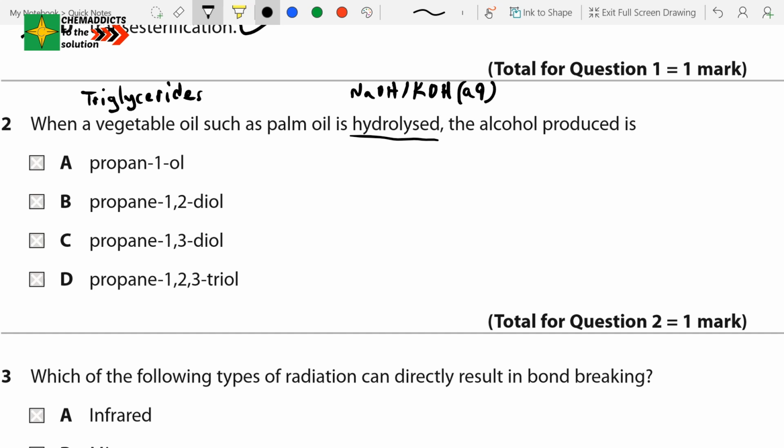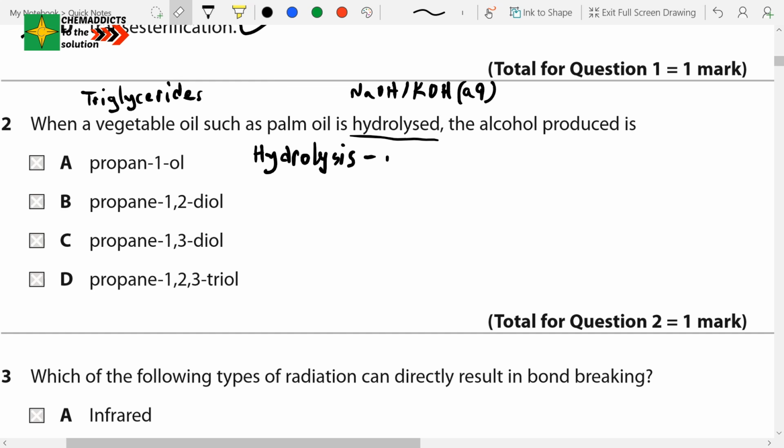So at first, before going to that reaction, let us know what is meant by hydrolysis. Hydrolysis simply means chemical breakdown by sodium hydroxide.